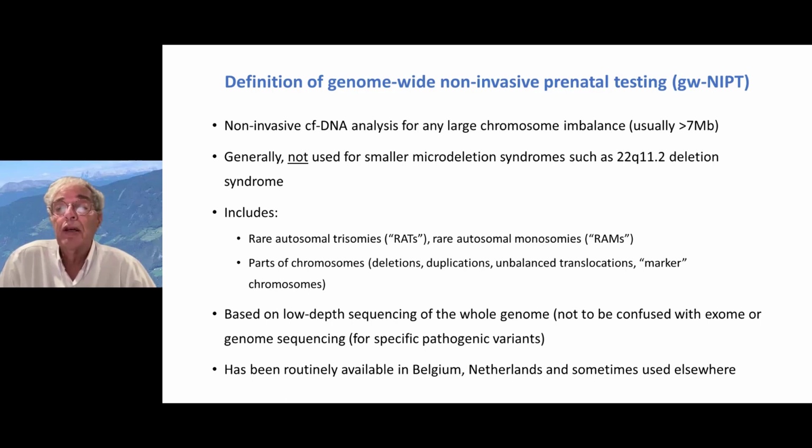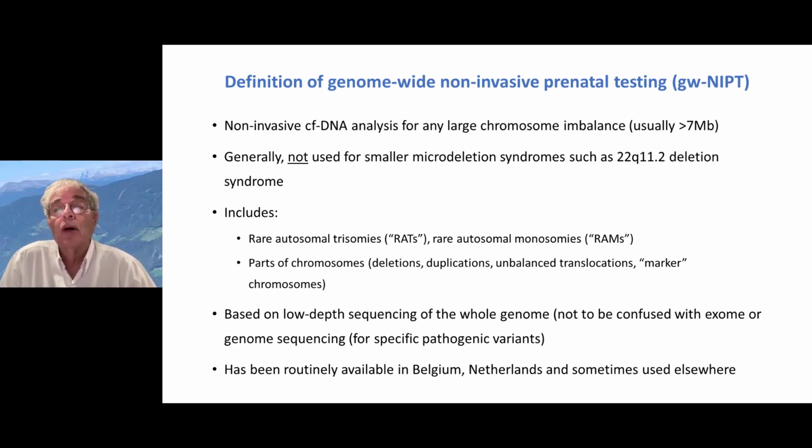But the whole idea is that it's based on a relatively low depth of sequencing, and this is an important point. It is only detecting these larger chromosome segments, and it really shouldn't be confused with the high-depth sequencing that's used for exome sequencing and identifying very specific genomic events, point mutations, or small duplications or deletions, which are pathogenic for very specific syndromes.